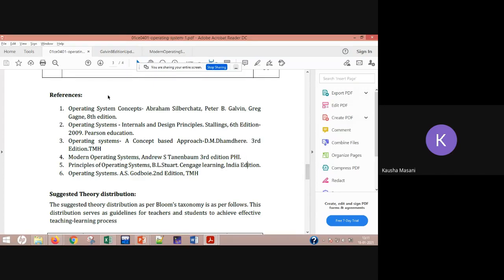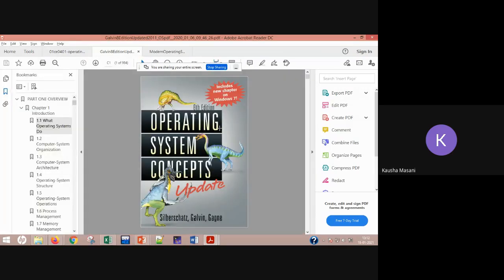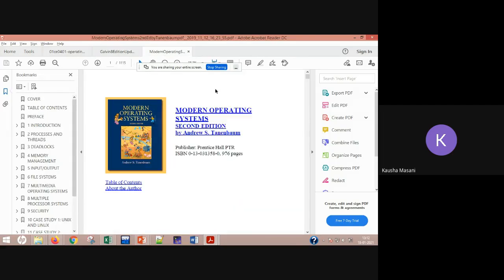Both the soft copies are available with me. This is the picture of that book. I'll be uploading these soft copies in your e-content also, so do not worry. By maybe today or tomorrow, I shall be uploading both of these books: Operating System by Galvin, and Modern Operating Systems by Tanenbaum.